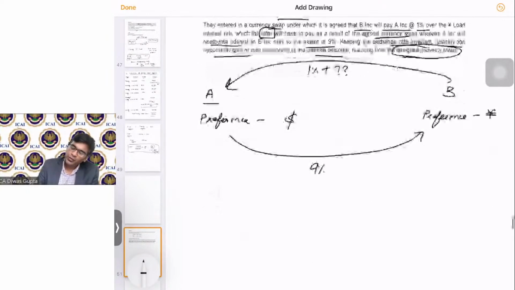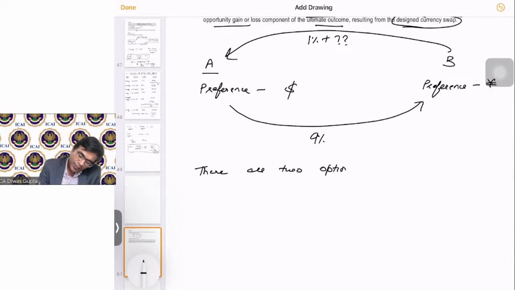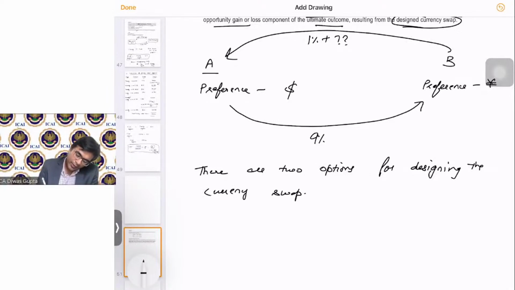Now, the question has still not told us what the currency swap is. We will use the same discussion that we did for the swaps. So there are two options for designing the currency swap.